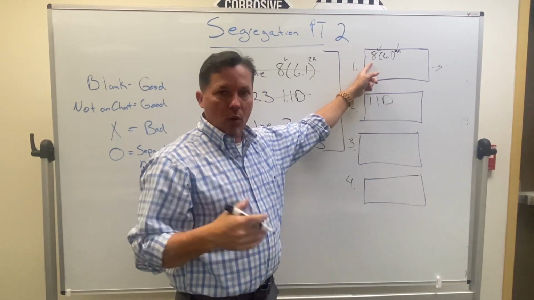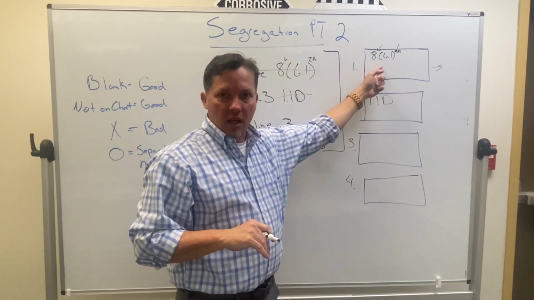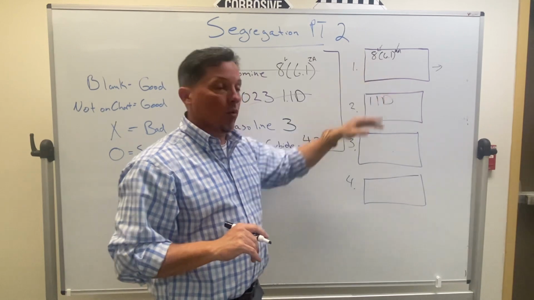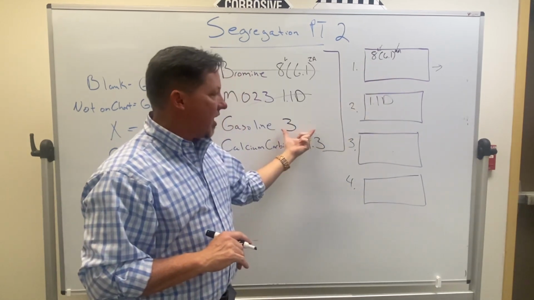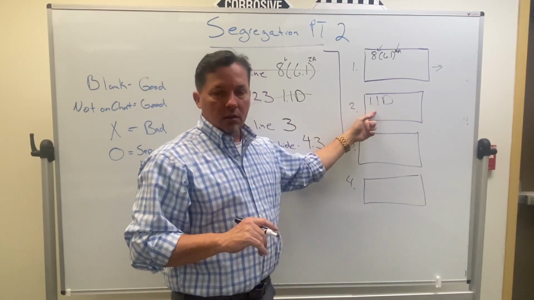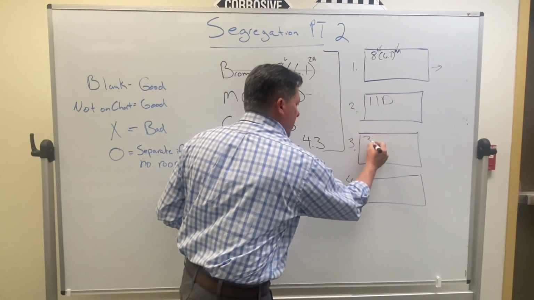Yes, 3 will go with 8. 3 is compatible with 8. But will the 3 go with the 6.1 zone A? No, it will not. Because of that, can't go. Again, remember, if I'm going to put something in here, then every class it's got has to go here. 3 and a 1.1 delta, again, I get an X, and that means it can't go there either. So the 3 ends up in this truck.